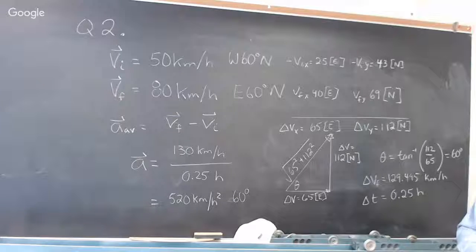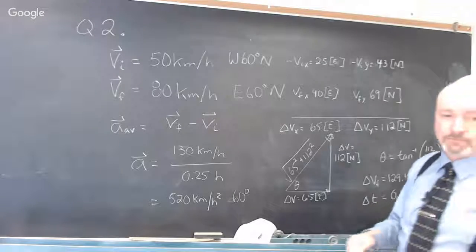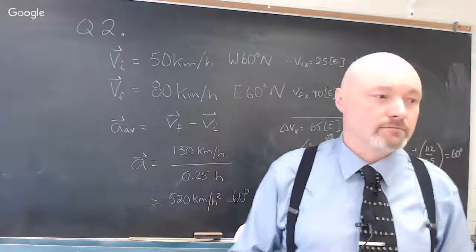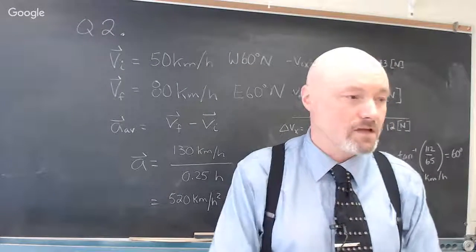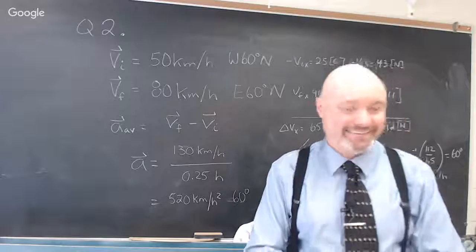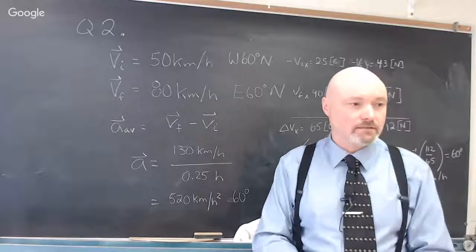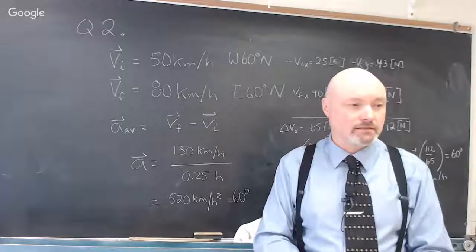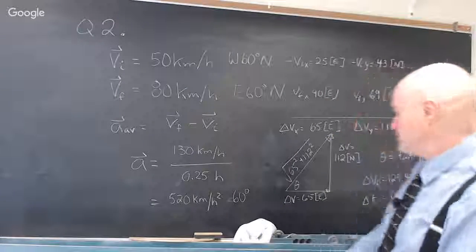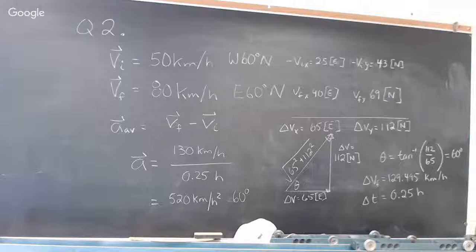And I wonder what the textbook says the answer is? What does my son say? Do you post the answers? The answers are all there, yeah. It's supposed to be 2.8 times 10 to the power of 2, and it's east 21.8 degrees north. So we're just a little off.